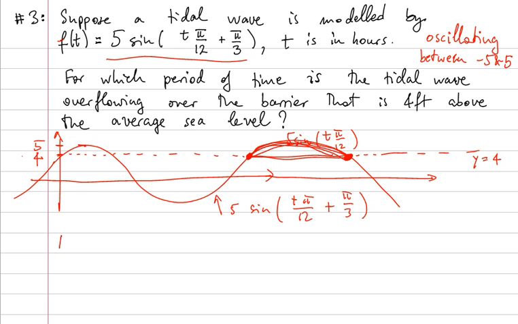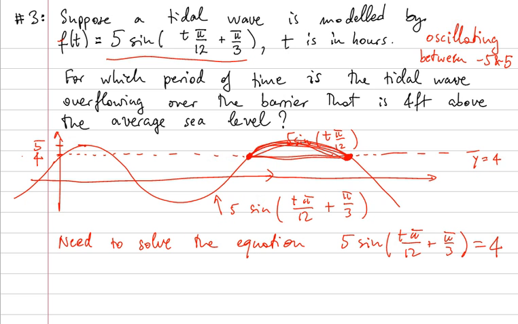In other words, you need to solve the equation 5 sine of t pi over 12 plus pi over 3 is equal to 4. You will get two solutions. One solution will be this t1, the other solution will be this t2. We'll get two fundamental solutions.